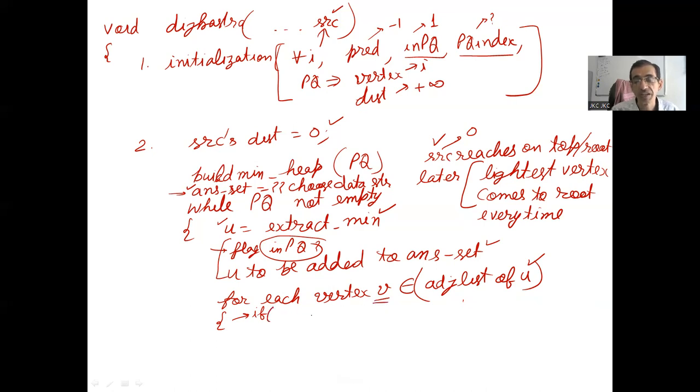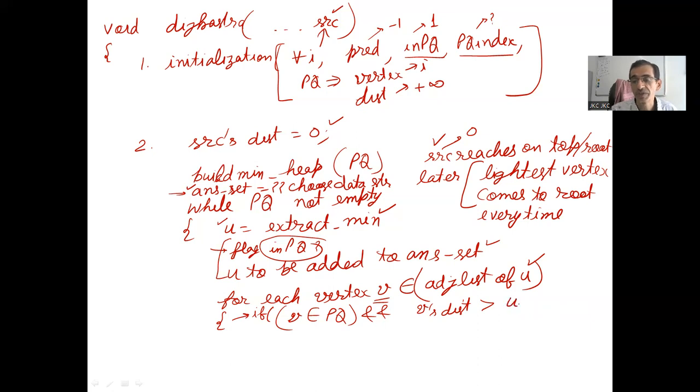So I'll say, if V is in PQ, only then, because if V is already in answer set, nothing to be done. So if V belongs to PQ, one condition, and if the distance of V is earlier greater. V's distance is earlier known to me. If V's distance is greater than the possible new distance, what is the new distance?